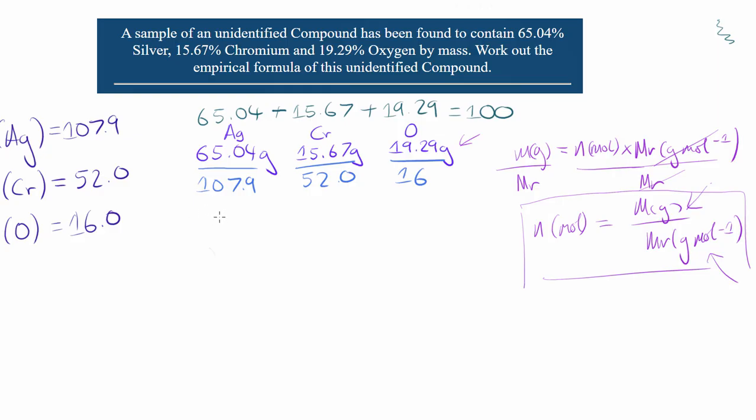So for Ag, for silver, we're going to get 0.60278. When you do the chromium one, you should get 0.30135, and when you do oxygen, you should get 1.20563.